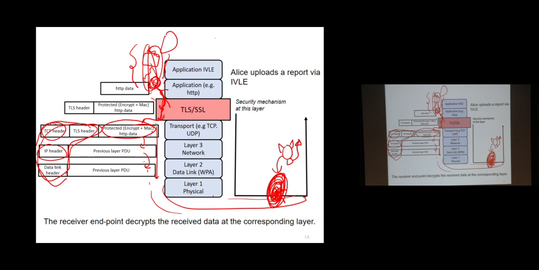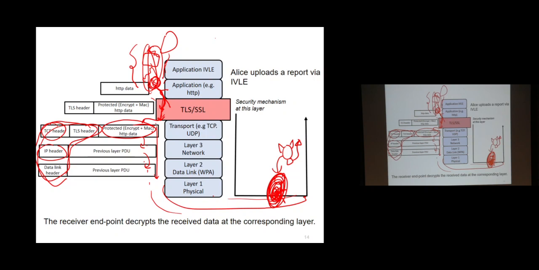And he can also count the number of packets going there. He'll know the size of the data, have a rough guess of the size of data sent from Alice to IVLE. He also knows the MAC address of Alice's machine, right? So all information will be here.